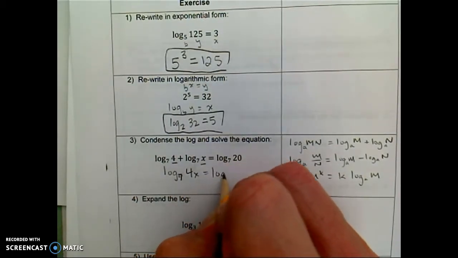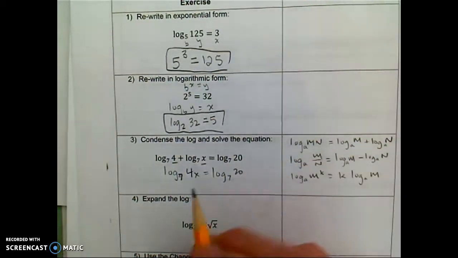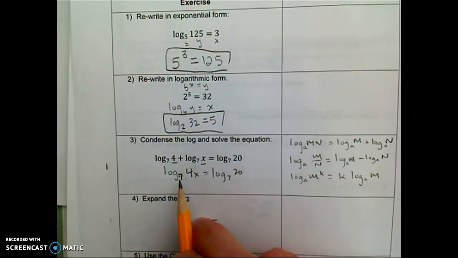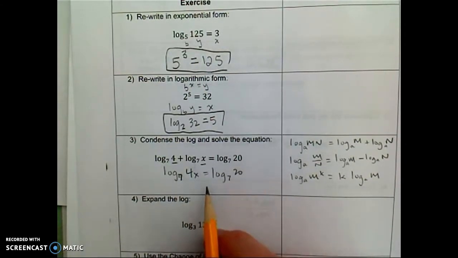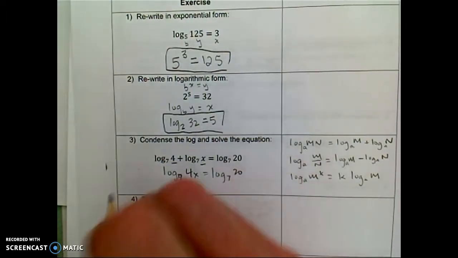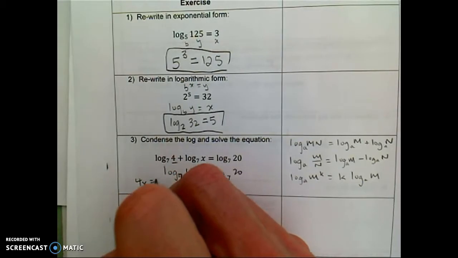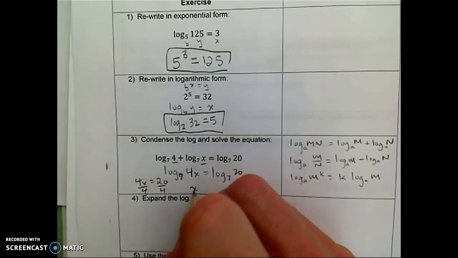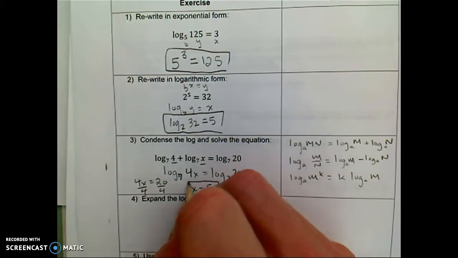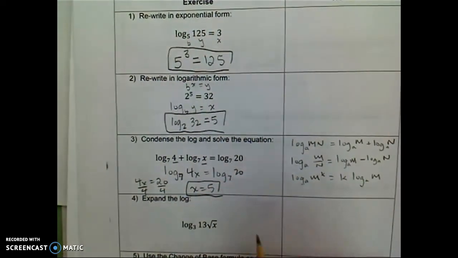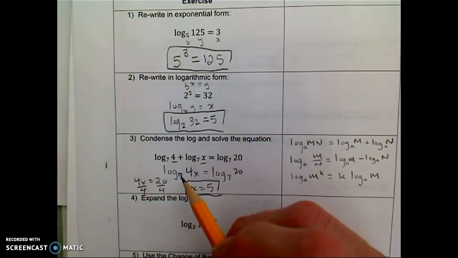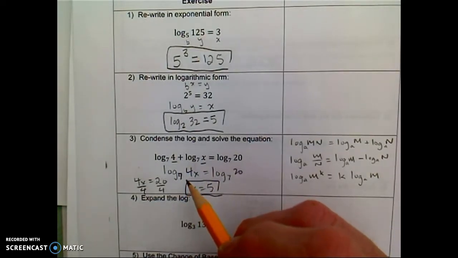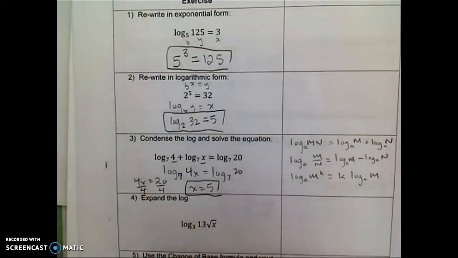And that's equal to the log base 7 of 20. Well, now these are the same bases. Log base 7 of 4x equals log base 7 of 20. The only way this expression can be true is if the arguments are equal. 4x equals 20. Divide by 4, divide by 4, so x equals 5. So condensing this log allowed us to write one equation that we could solve for the value of x.